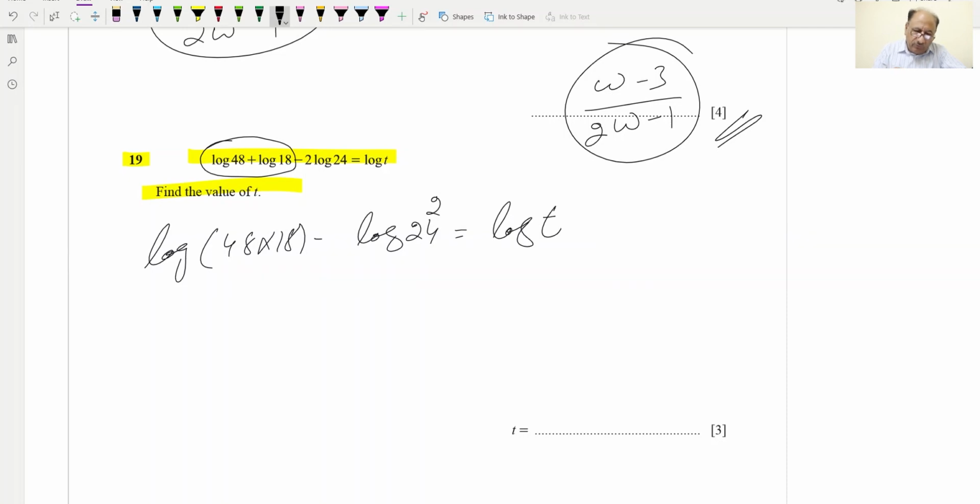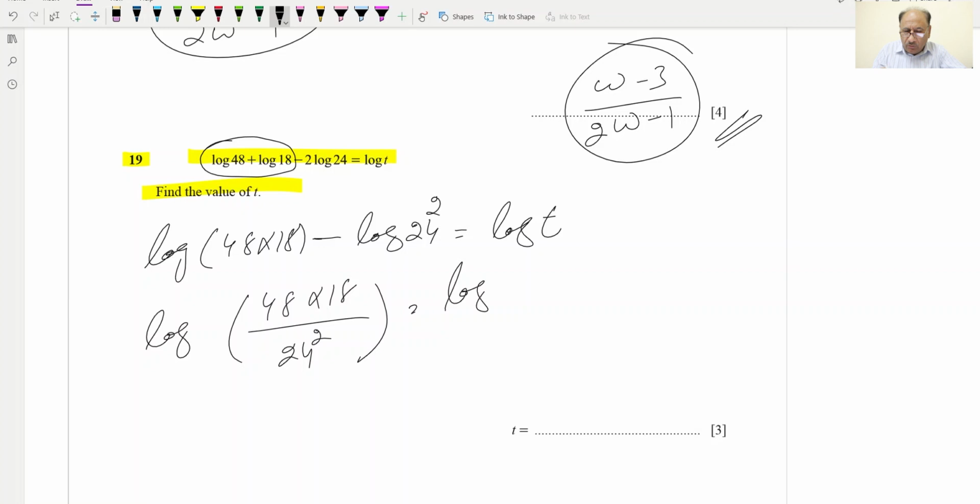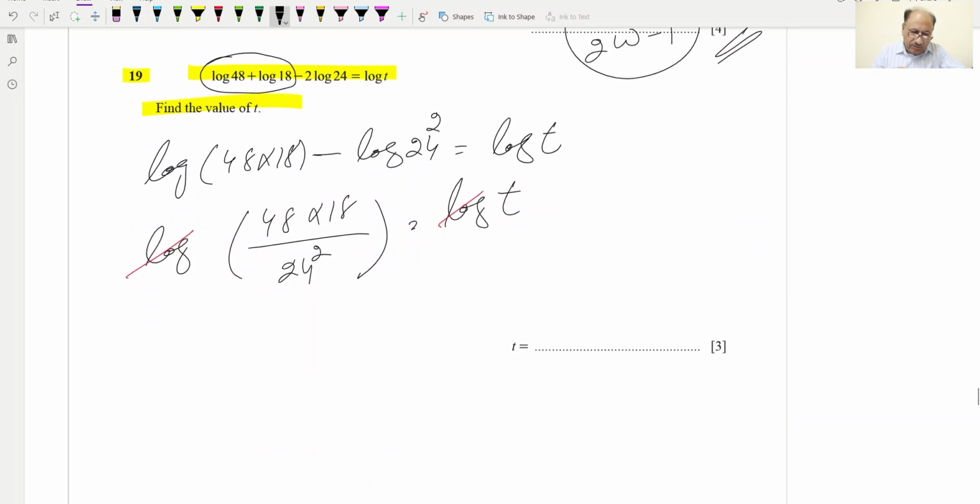Now subtraction rule will apply on these two. So log of this will be 48 into 18 divided by 24 raised to the power 2 is equal to log of t. Now we can cancel log from both sides and we can write it as 48 into 18 over 24 squared. We can write as 24 into 24 and this is equal to t.